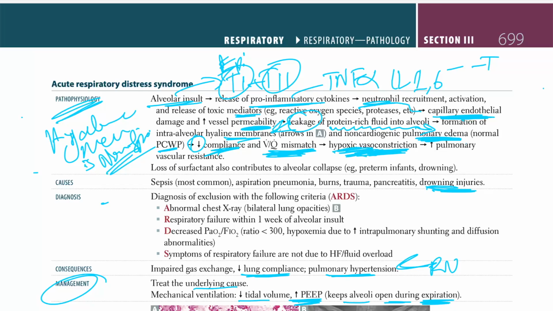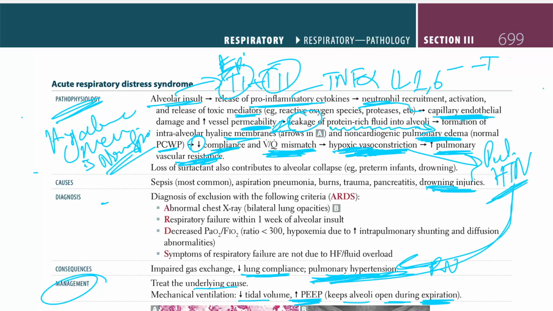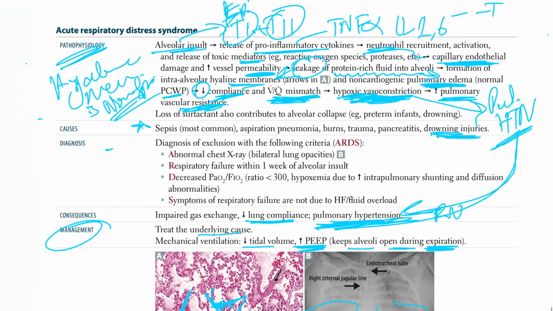That hypoxic vasoconstriction is going to cause an increase in pulmonary resistance for sure, and more importantly, it's going to cause pulmonary hypertension, which is written right here. So hypoxic vasoconstriction eventually causes pulmonary hypertension. All right, and these are all the causes. That's an easy point.